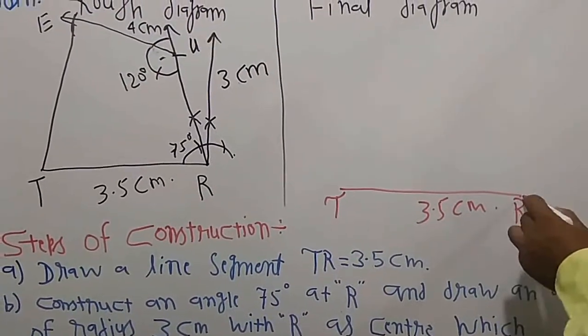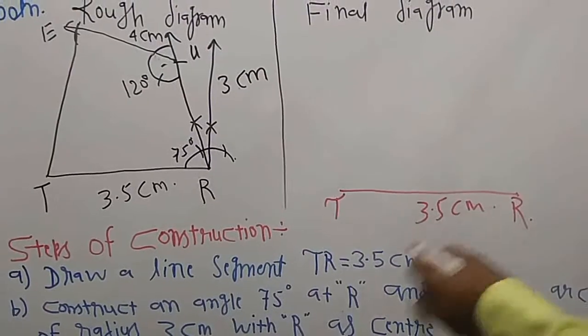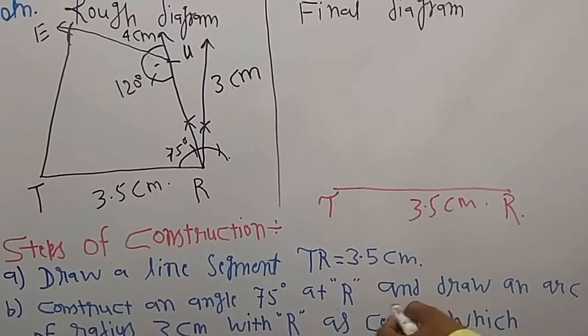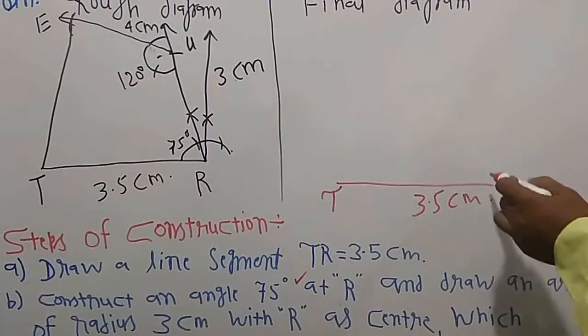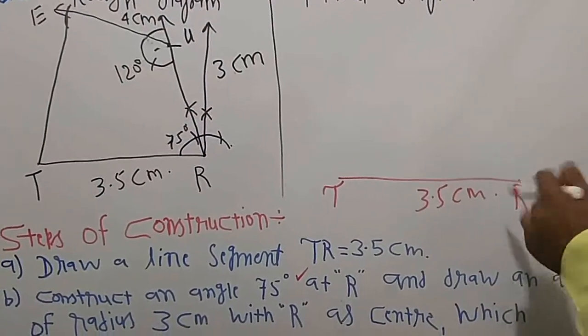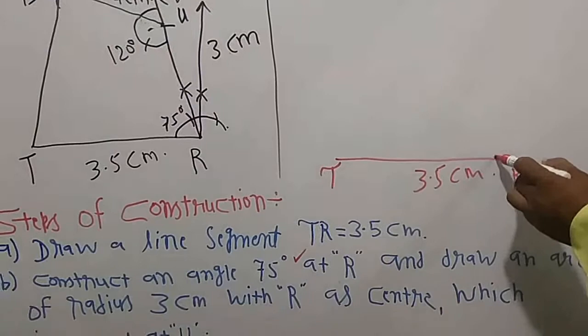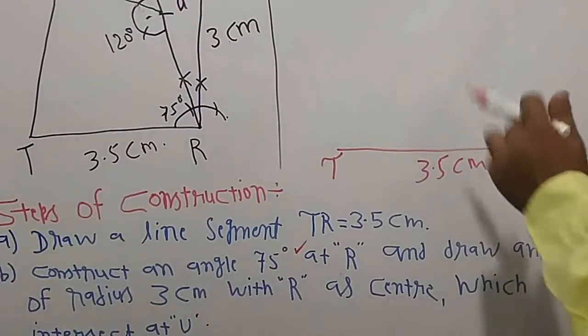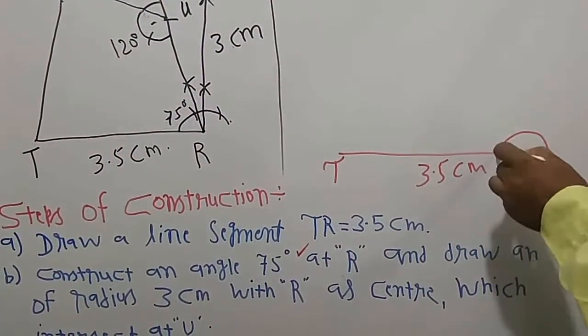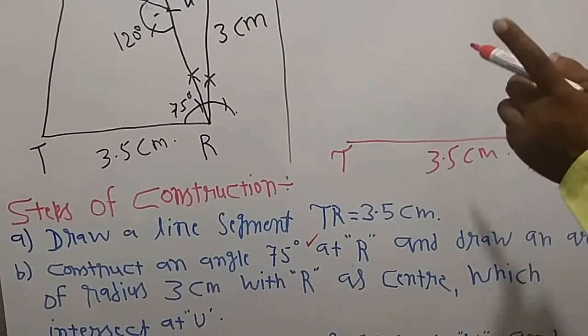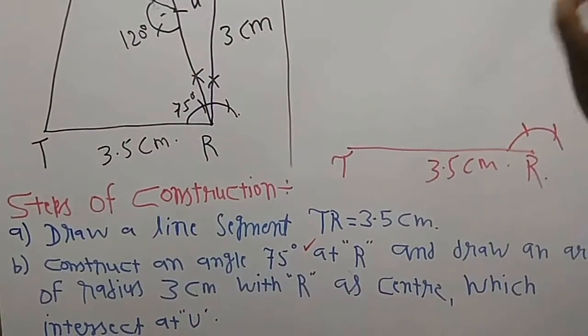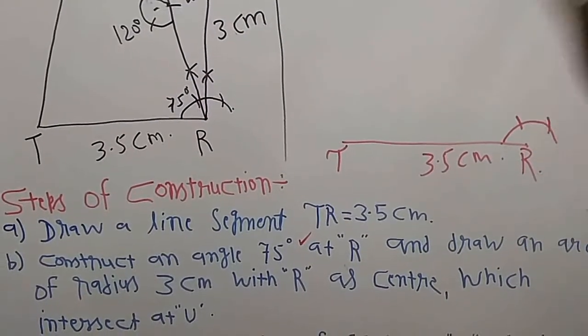This is our R point, and at this point we are going to draw the angle of 75 degree. For the 75 degree angle, first we draw this arc by opening our rounder a little, and then from this point we draw one arc here and one here without changing the length of the arc.